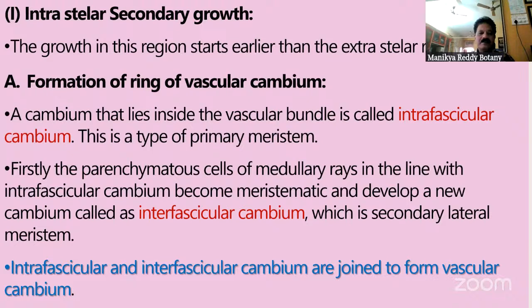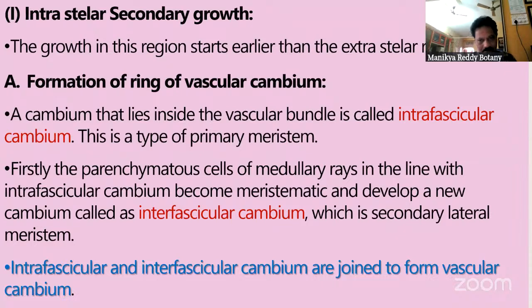The fascicular and interfascicular cambium strips join together to form a ring of cambium, called the ring of vascular cambium. This ring produces secondary xylem towards the inner side, and towards the outer side of the ring, secondary phloem tissue is formed.